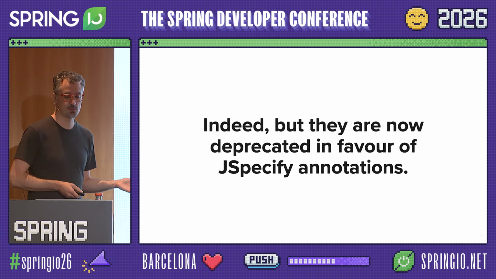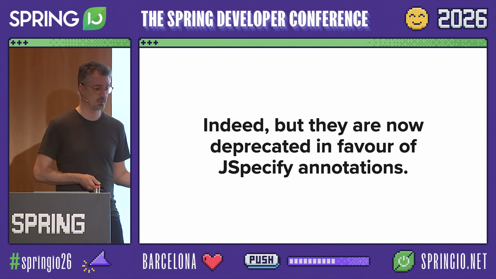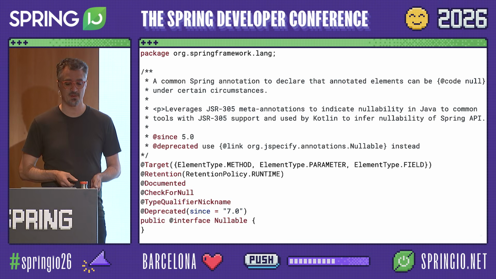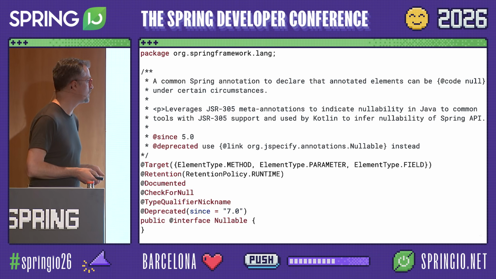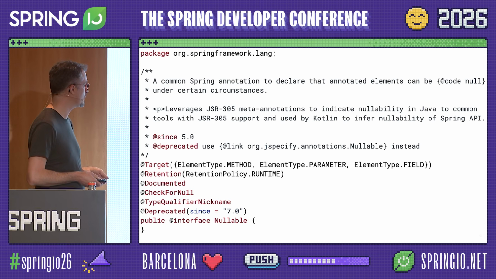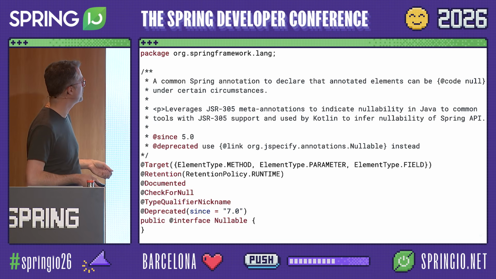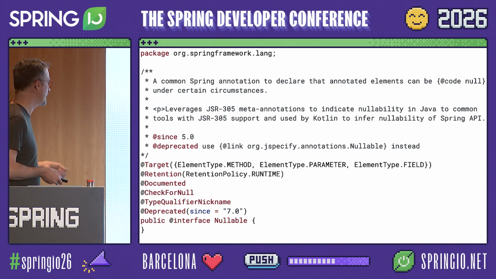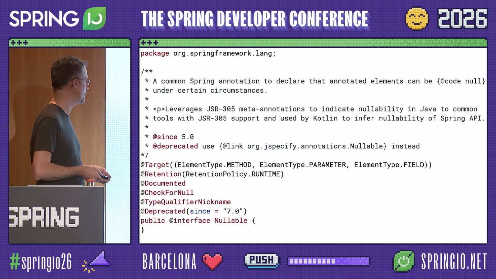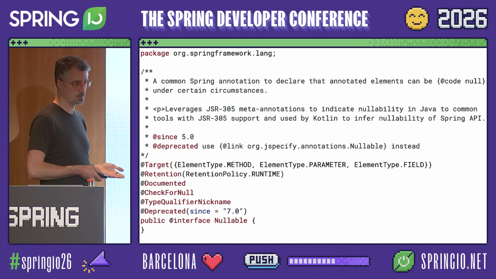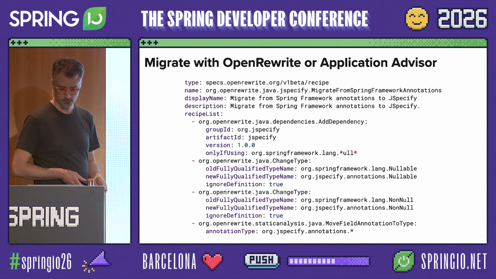But those Spring Framework annotations are now deprecated in favor of JSpecify annotations. So if you have a Spring Boot 4, Spring Framework 7 project, you will see that those null safety annotations that are in the org.springframework.lang package are now deprecated since 7.0, and you are advised to use JSpecify instead.